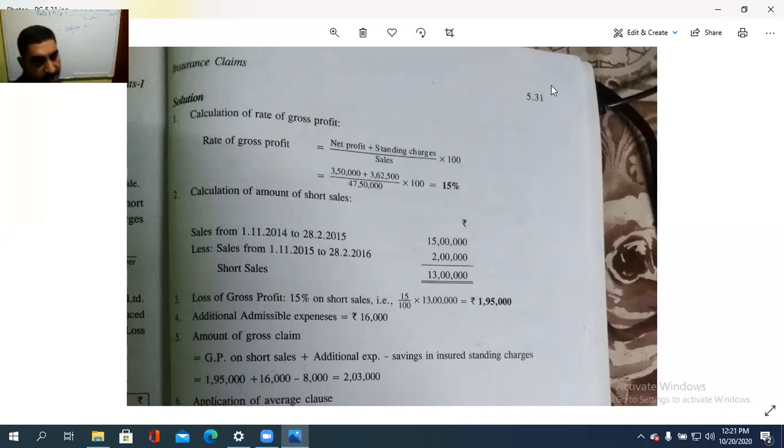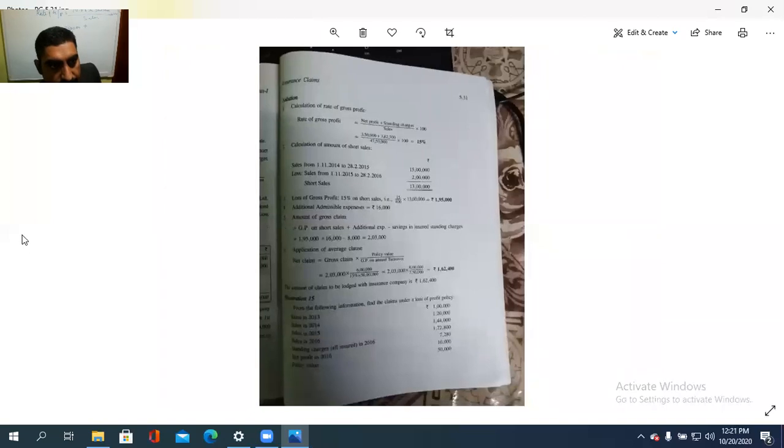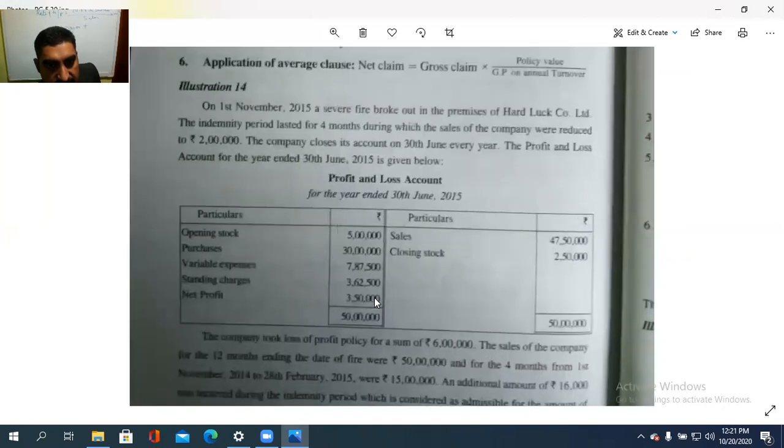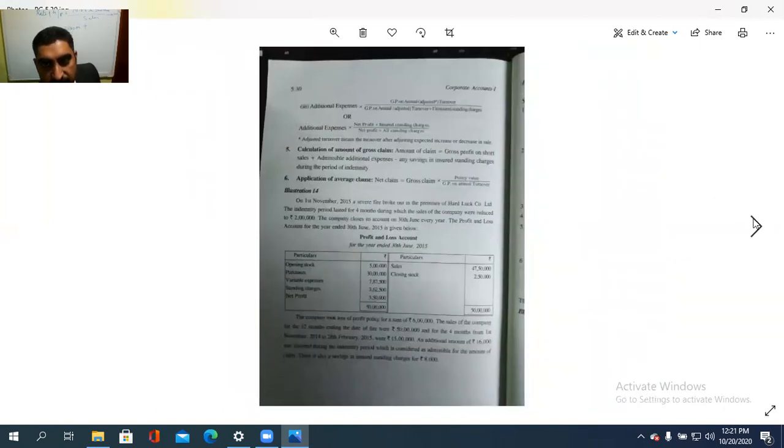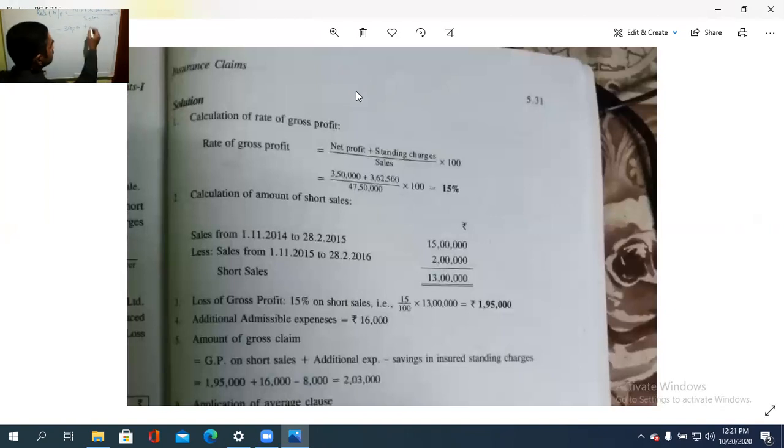How much it is there? I think that also given in the question. See, insured standing charges 3,62,500. So 3,50,000 plus 3,62,500 divided by total sales, how much is that? 47,50,000 into 100. That is 15%. That is the gross profit rate.